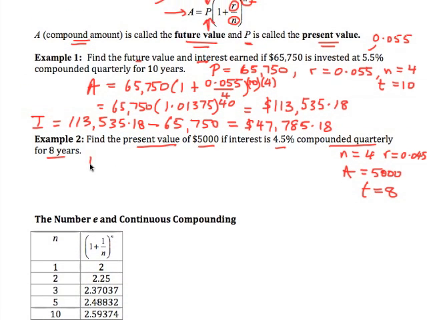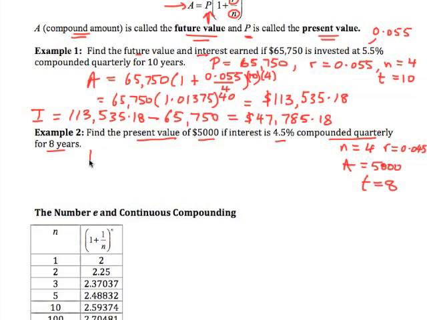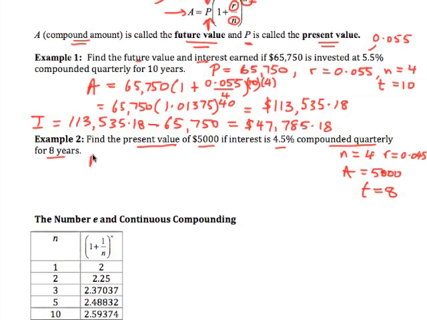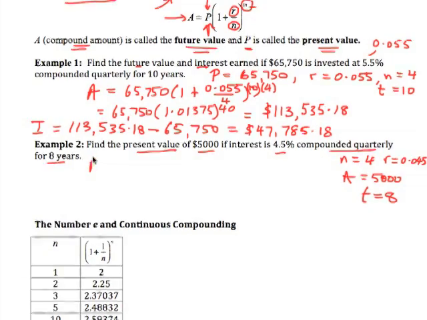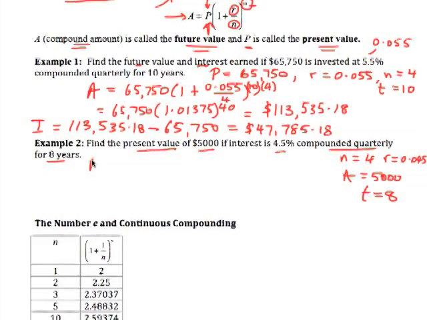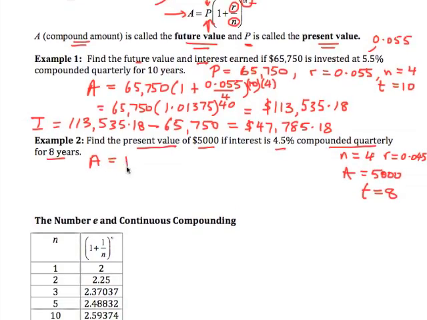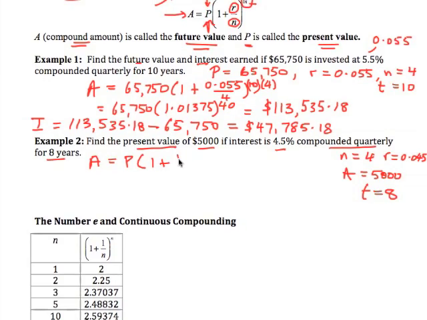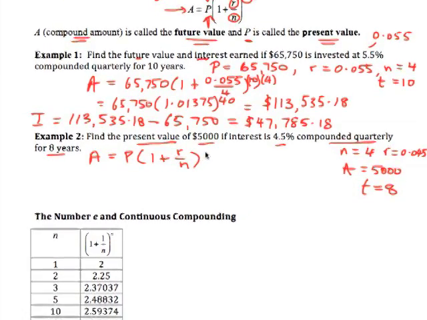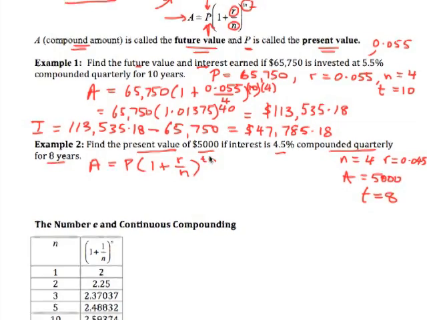So in this case here we know A, and so we have A equals P times 1 plus R over n to the power of t times n.